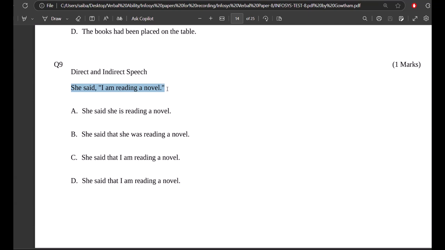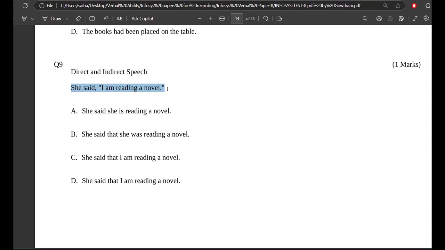When we are converting from direct to indirect speech, you want to remember few things. The present tense has to be converted to past. Simple past will be converted to past perfect. So this is the basic understanding when we are doing direct speech to indirect speech.